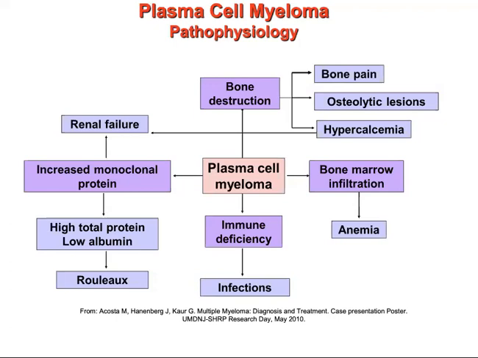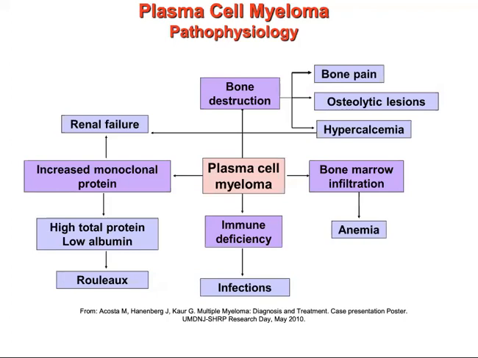It leads to the infiltration of plasma cells in the bone marrow. Eventually, there's cytopenias, which can lead to anemia. Then you have immune deficiency because of the deficiency of immunoglobulin levels, which can lead to infections. Hypercalcemia can also lead to renal failure, but the renal failure can also come from the high monoclonal proteins.